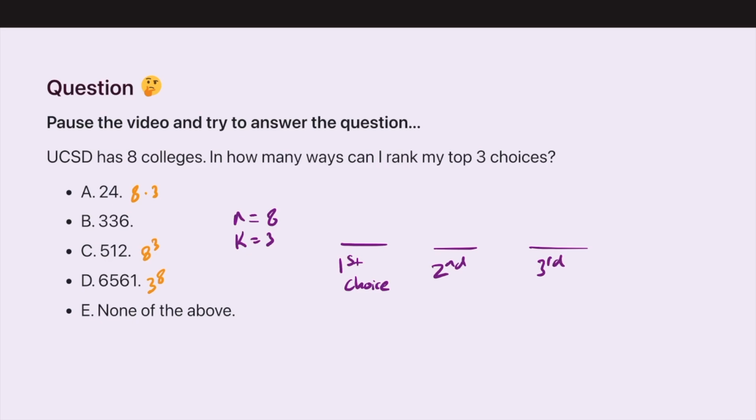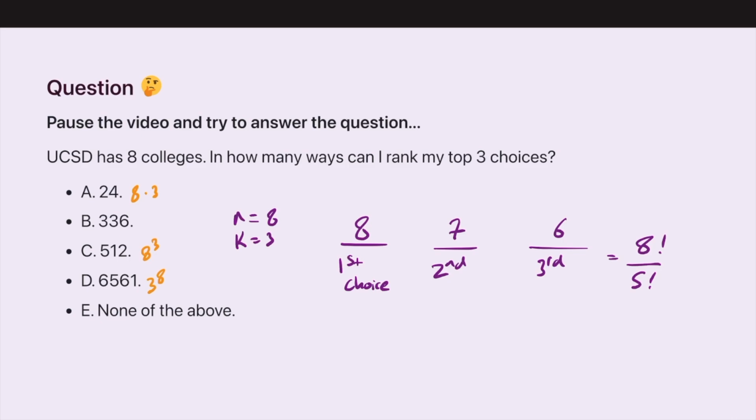And your first choice is going to be one of the 8 colleges that you choose. Once you choose one, you only have 7 to choose from, and then 6. And so this is just going to be 8 factorial over 5 factorial, which makes sense because if you cancel things out, what you will get is just 8 times 7 times 6.